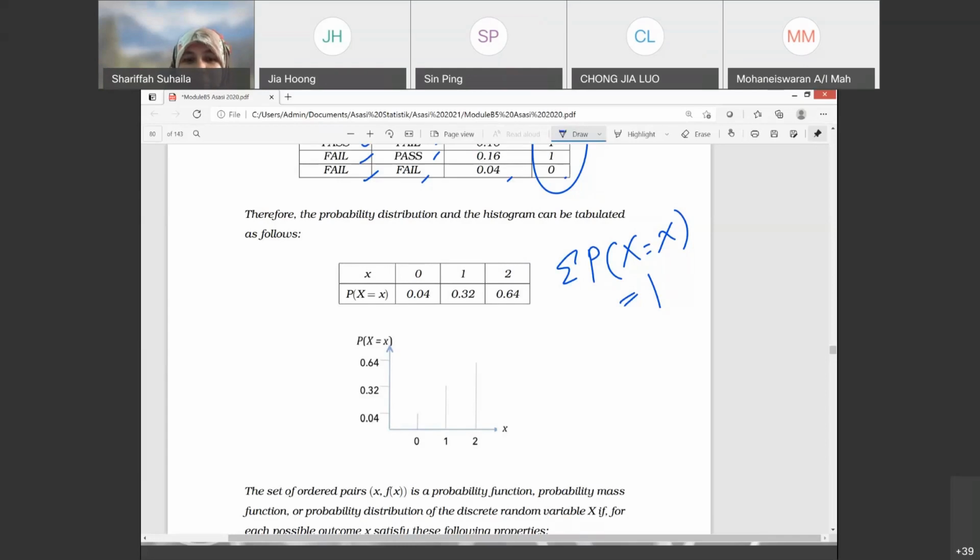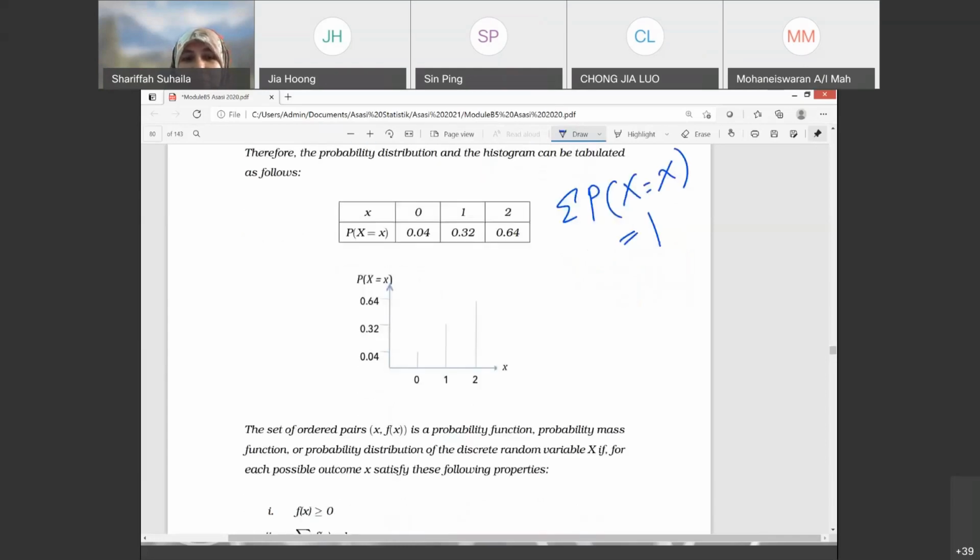The set of ordered pairs is a probability function. For a discrete random variable, we can call this a probability function, or we can also call it a probability mass function. If we use the abbreviation, PMF stands for probability mass function.